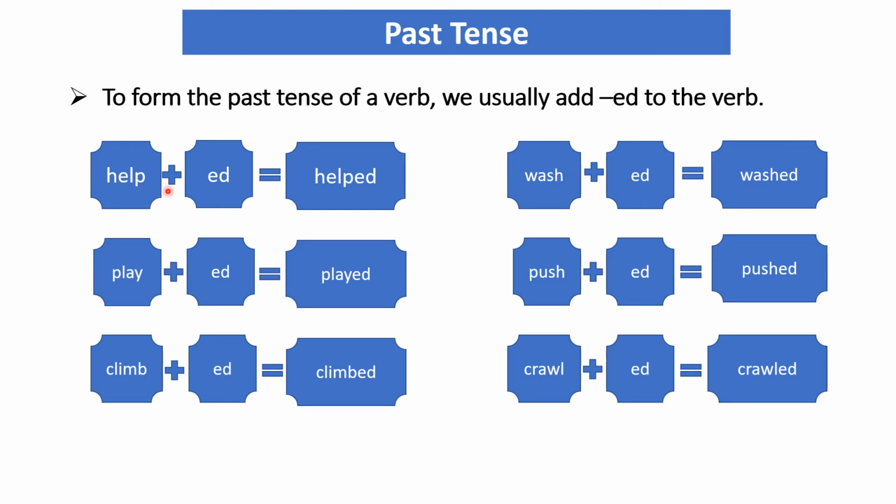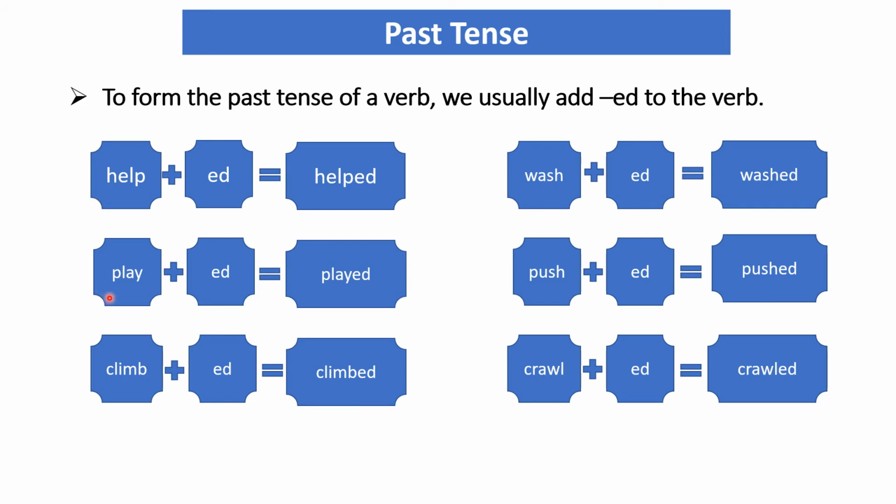Past tense. To form the past tense of a verb, we usually add ed to the verb. As you can see on the screen, this is a verb, help. To make it show as past tense, we add ed here. Help plus ed becomes helped. The word helped is the past tense of the word help.